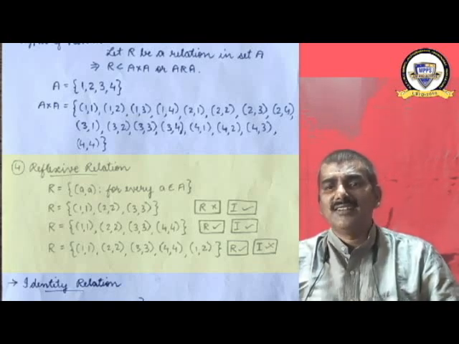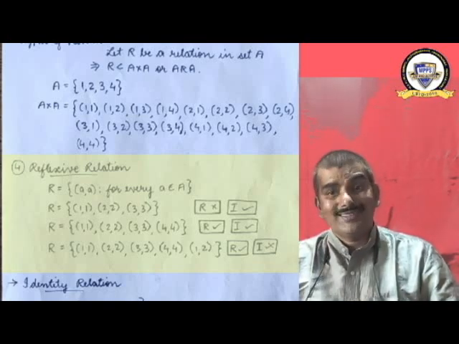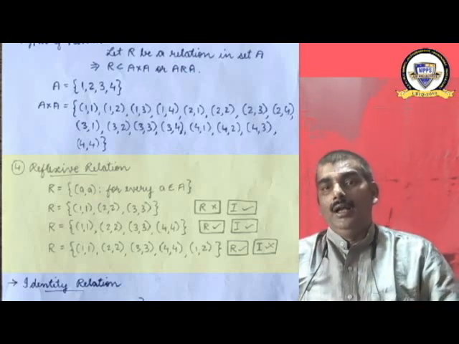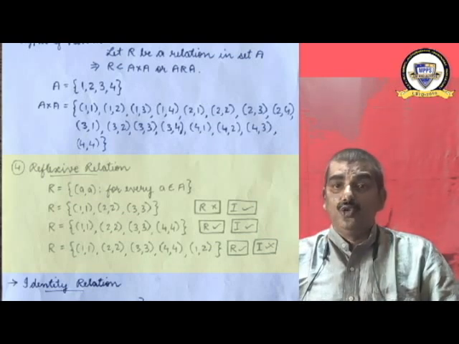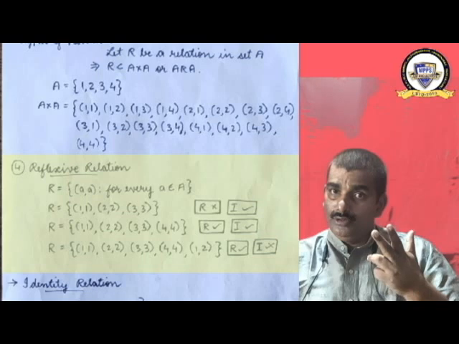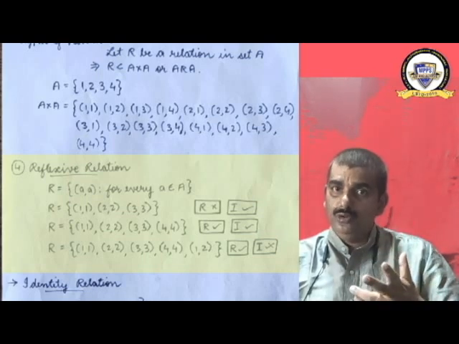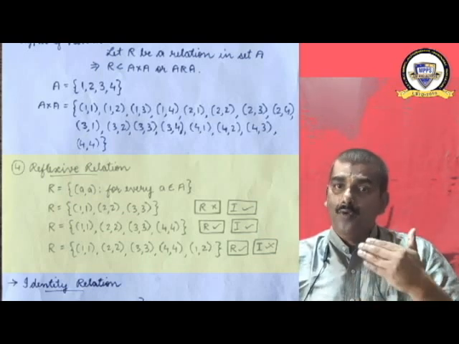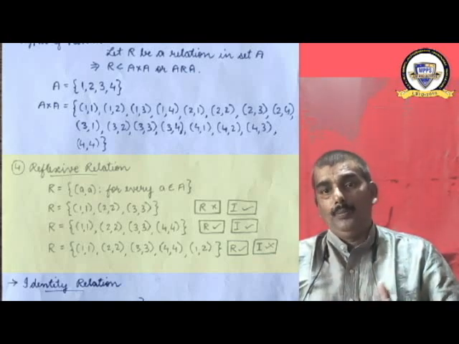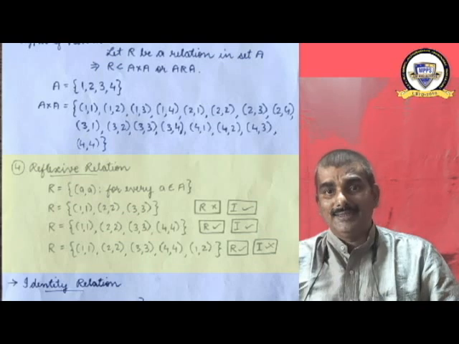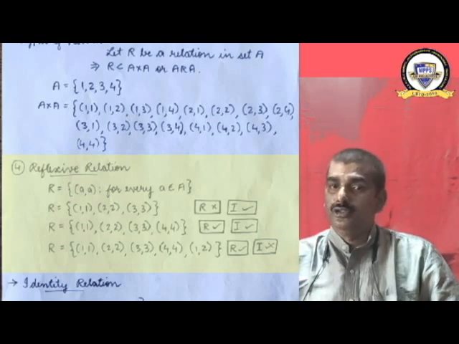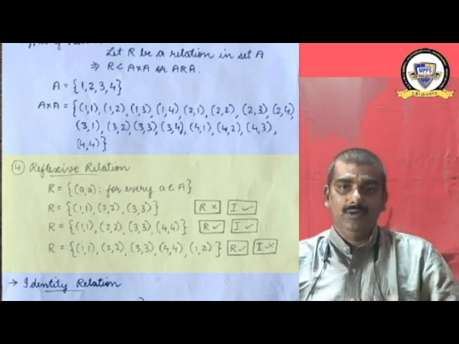So the first relation is not reflexive, but it is an identity relation. Then the second: 1,1, 2,2, 3,3, 4,4. All elements are there, all ordered pairs are there for each and every element of A. So it is a reflexive relation.